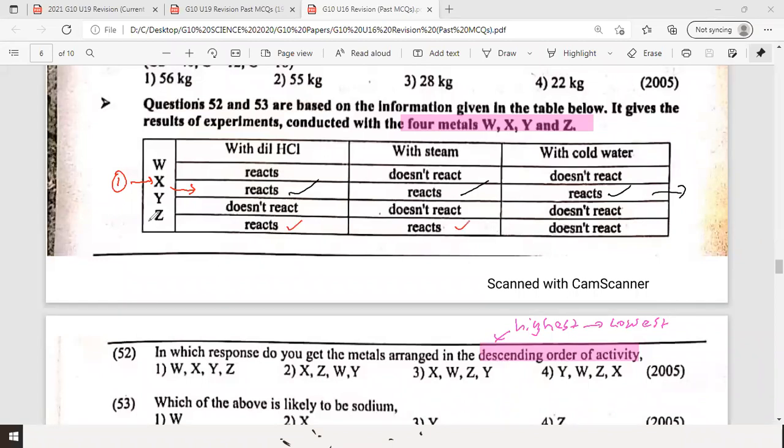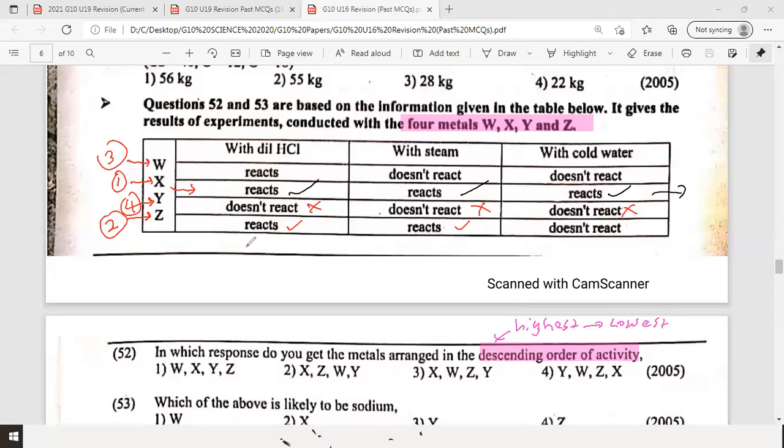That is number 2. Z will be number 2. Then the one that reacts only with HCl is W, number 3. The one that doesn't react with anything is number 4. This is the least reactive one, Y.